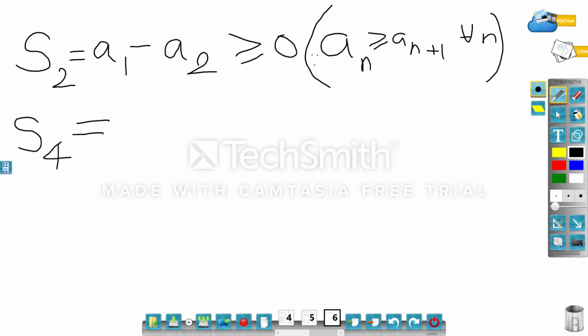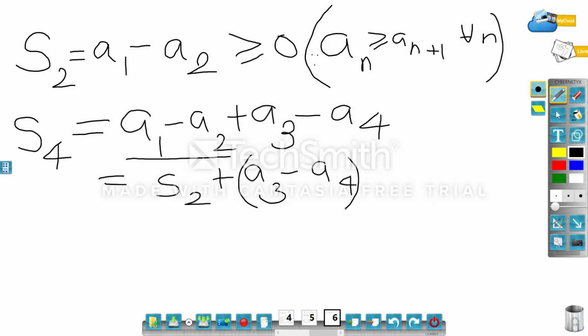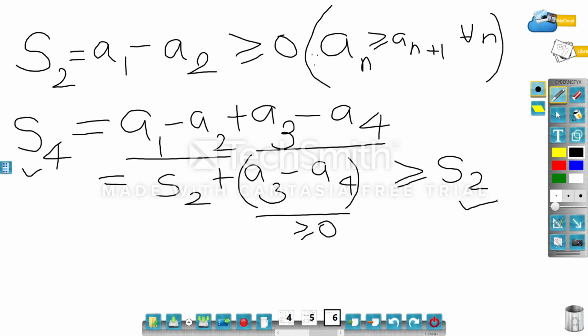So S4 is equal to a1 minus a2 plus a3 minus a4, which is the same as S2 plus (a3 minus a4). Now this bracket is always greater than or equal to 0, so S2 plus that nonnegative term is greater than or equal to S2. So what I got is S4 is greater than or equal to S2.